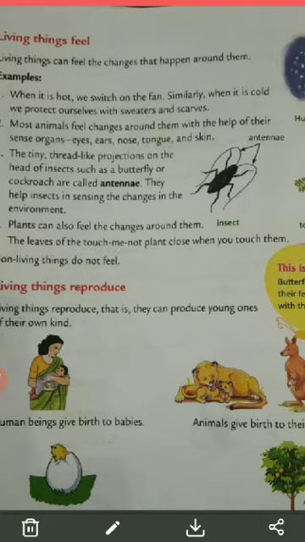Most animals feel the changes around them with the help of sense organs. We have learnt about the sense organs in our previous classes also. Which are the 5 sense organs? They are eyes, ears, nose, tongue, and skin. So we feel the changes around us with the help of sense organs.